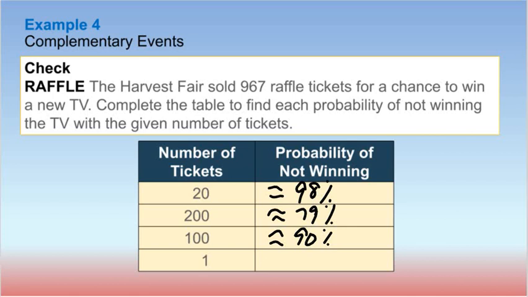And if you had 1 ticket, this will be 966 divided by 967. You would have roughly 99.9, or you can think of it as 100% chance. Actually, it has to be 99%. So you do have a ticket, you have a slight chance, so we'll put that as 99.9%.